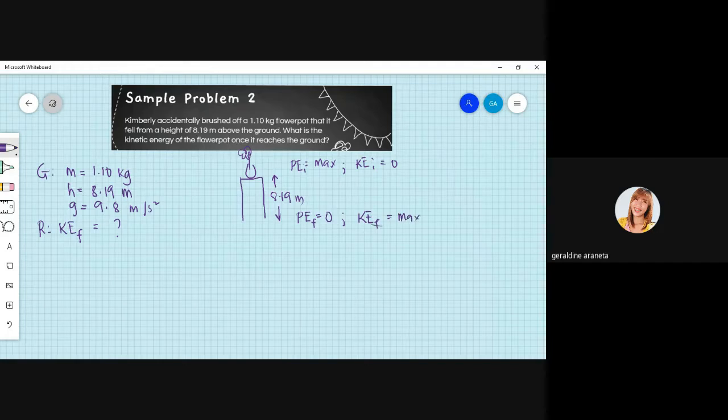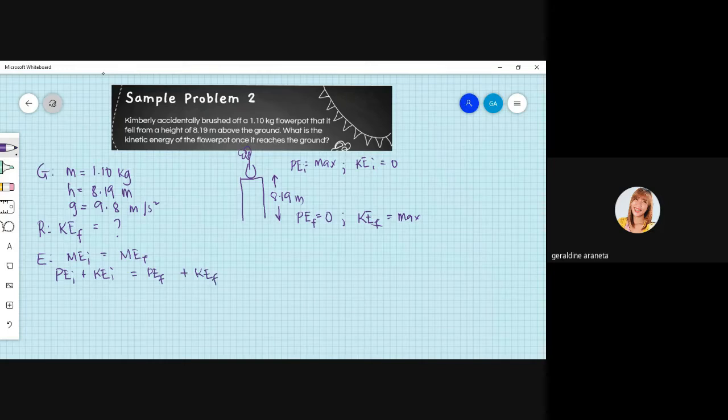So ito yung amount ng kinetic energy natin, yung hinahanap natin kapag nakarating na siya sa ground.